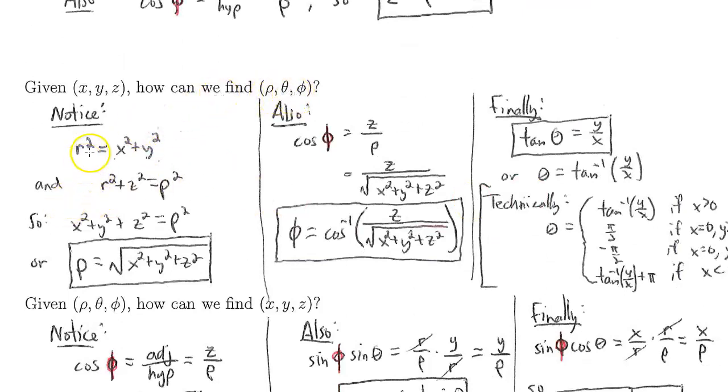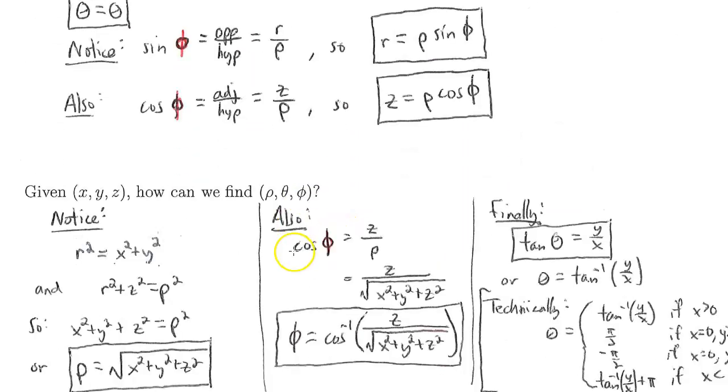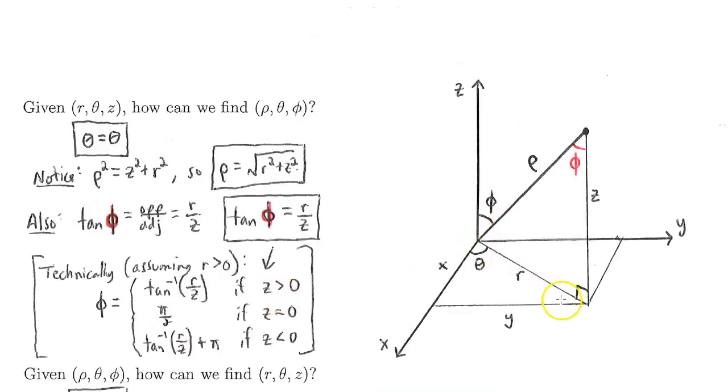Well, remember that r squared is equal to x squared plus y squared, right? You could look at the picture here. R squared will be x squared plus y squared. Okay, again, that really comes from polar coordinates. But then notice also rho squared is equal to r squared plus z squared. So instead of looking at this triangle, look at this triangle.